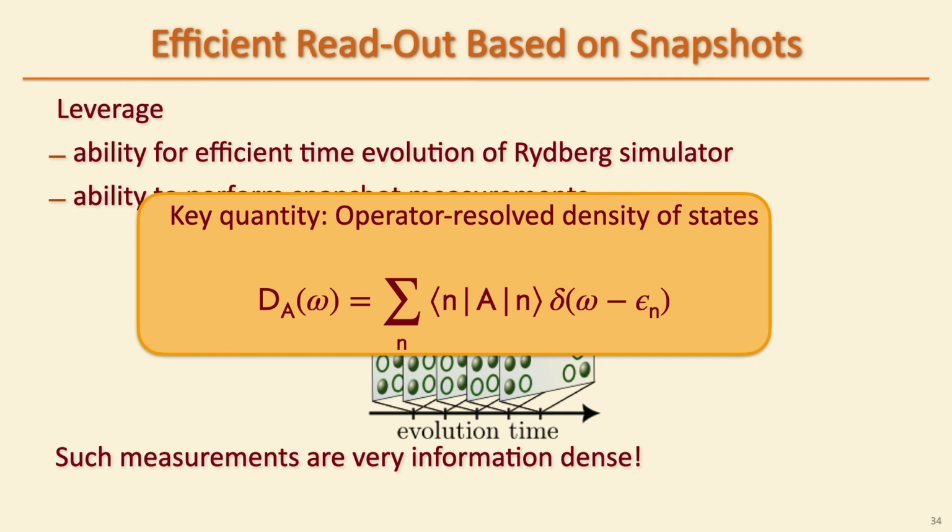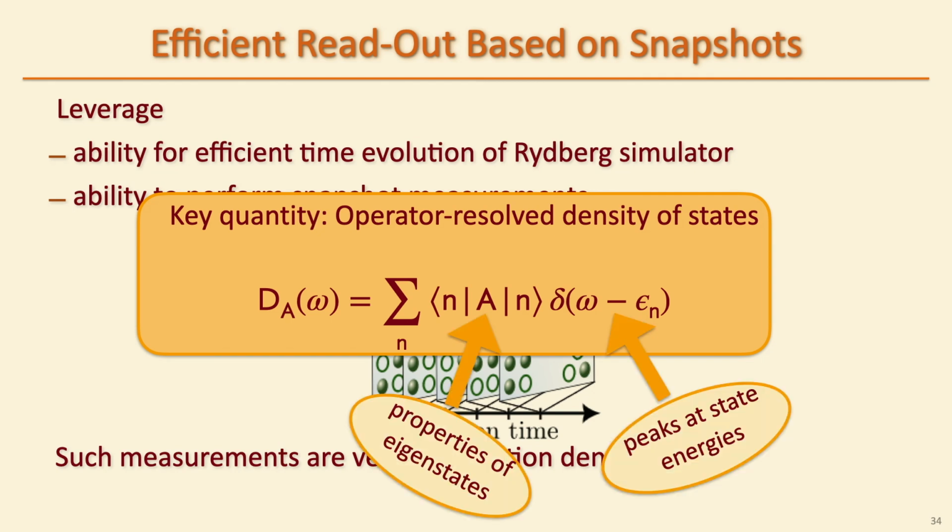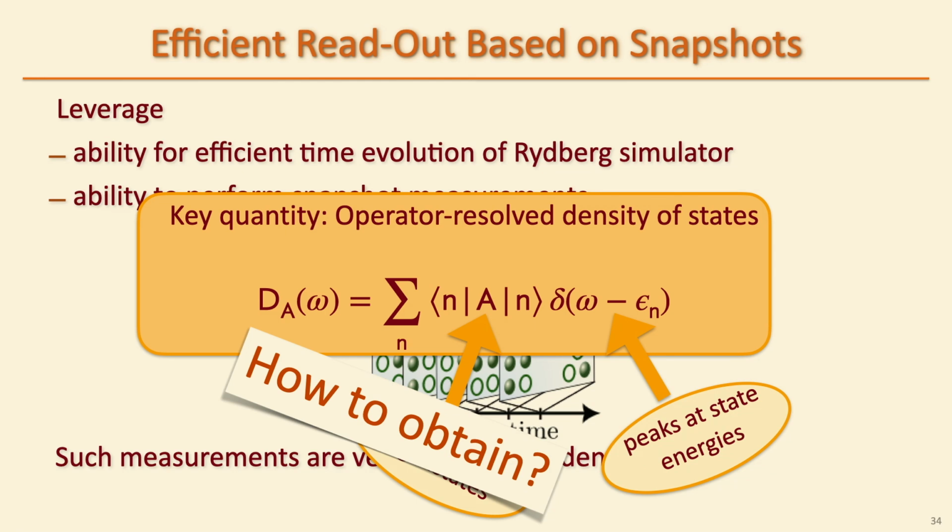Then you can see that this quantity is basically just a spectrum. But if A is something different, we can highlight different physical properties depending on what we choose for A.